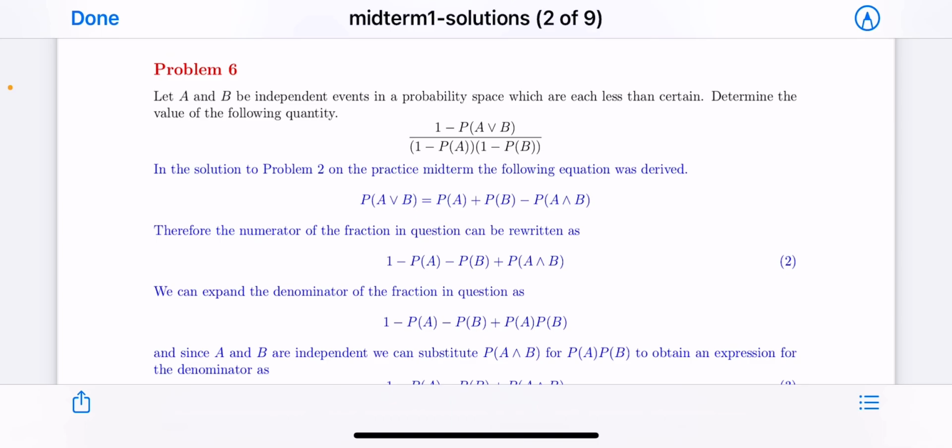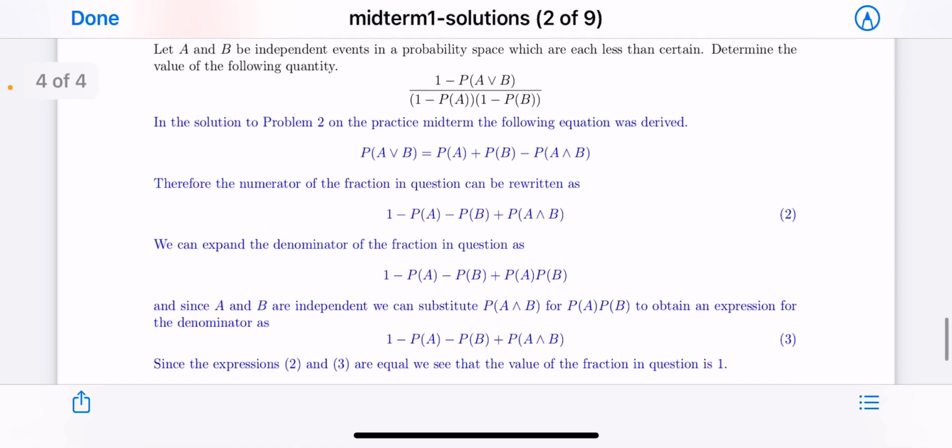So when I substitute in the probability of A conjunction B for the probability of A times the probability of B, I can see that I have this expression 2 for the numerator, I have the expression 3 for the denominator, and the two expressions are identical, so the value of the fraction is 1.